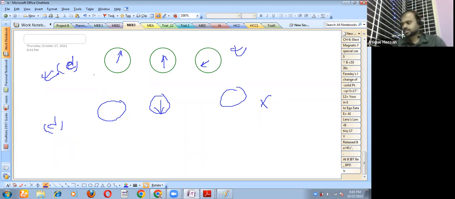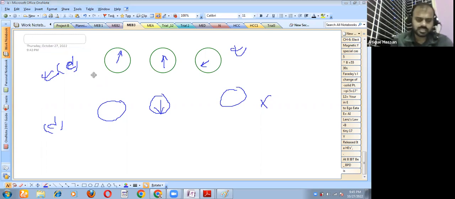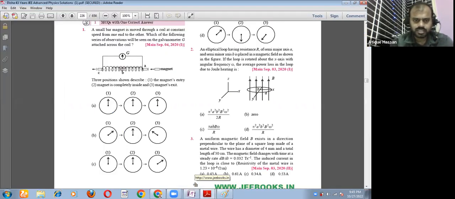This is the third criteria. The first criteria is that the middle one should be straight upward. It should not show any deflection. And the deflection in the first and third one should be in opposite directions. Getting my point? So these are two criteria.